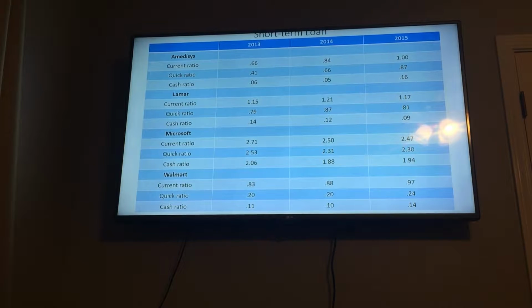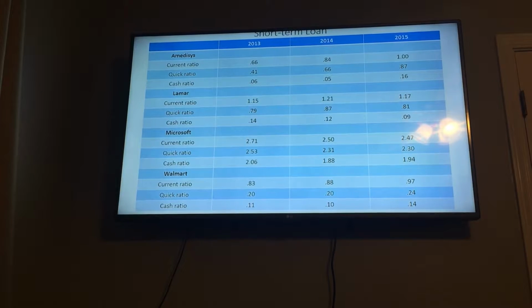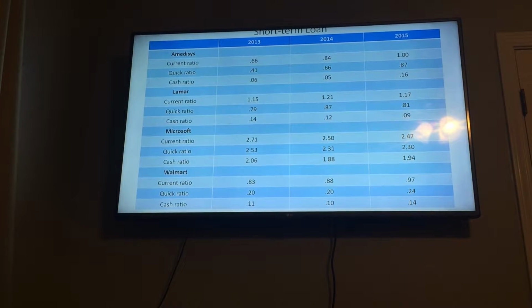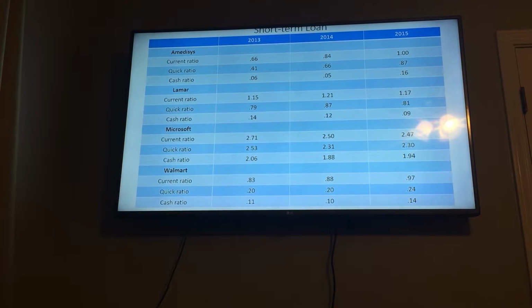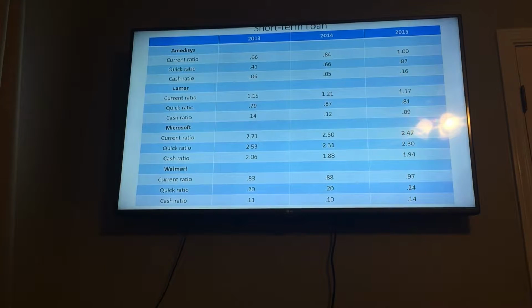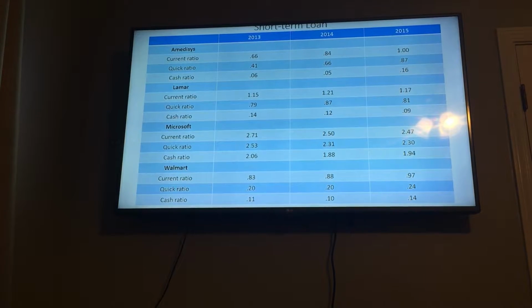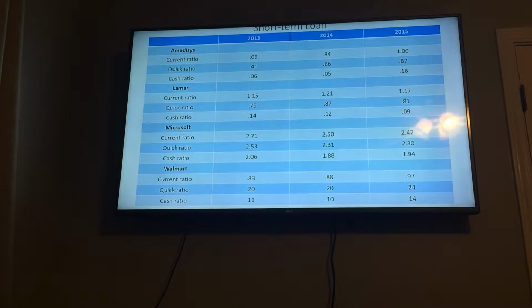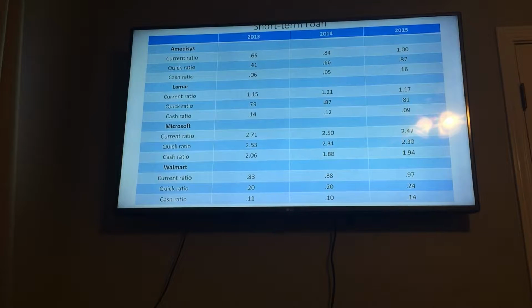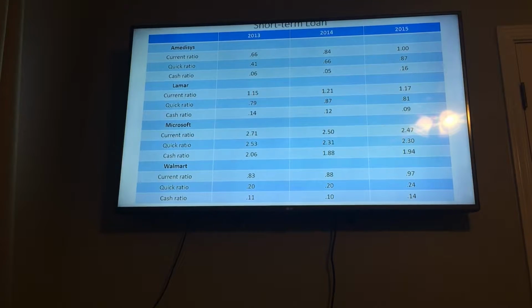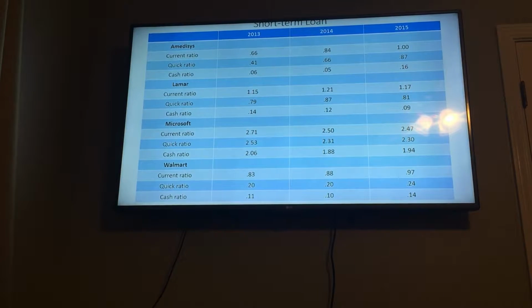The second is quick ratio, which is current assets minus inventory divided by current liabilities. And the third is cash ratio, which is cash divided by current liabilities. I'll be mainly focusing on the cash ratio because cash is the most liquid asset, and that is the most important when you're dealing with short term loans.